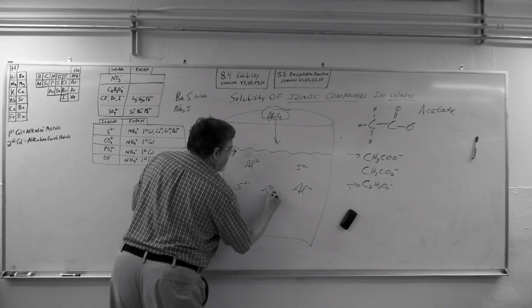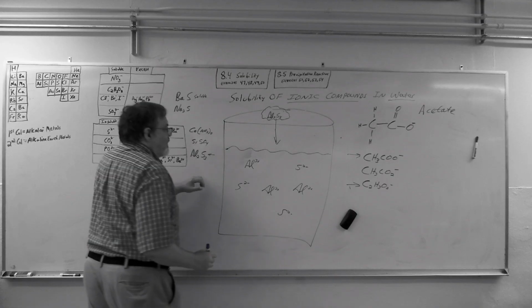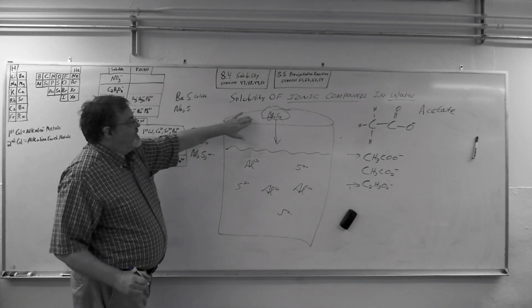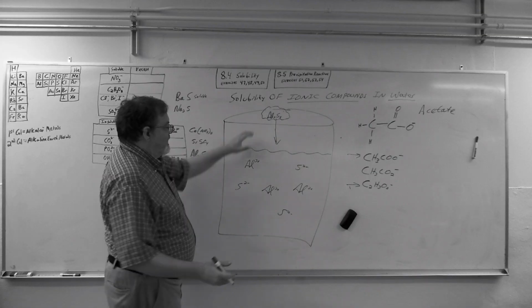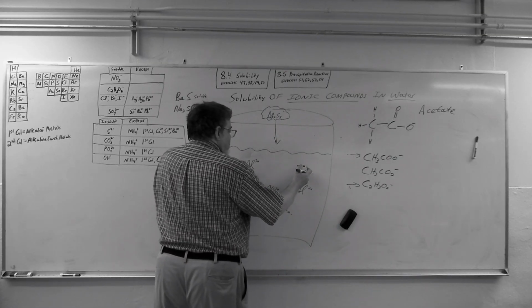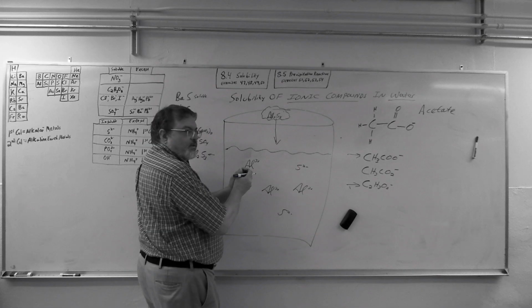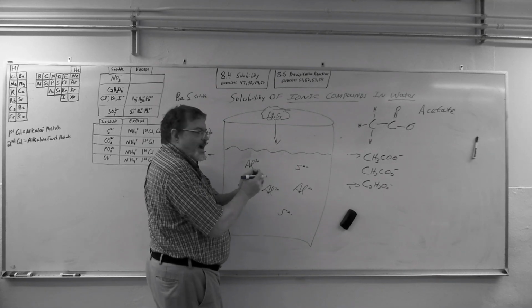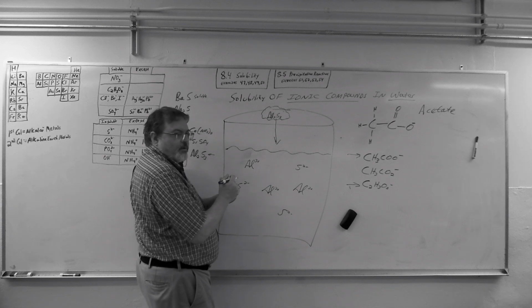They just came from a different source that was soluble. Since this is insoluble, the other way to think of insoluble is, if these ions bump into each other in the water, they will stick to each other. Their natural state in water is to be together if they're insoluble.